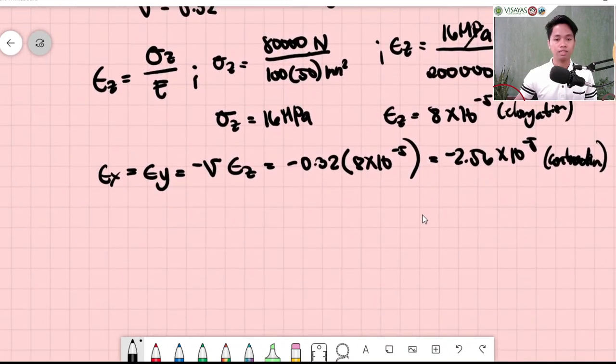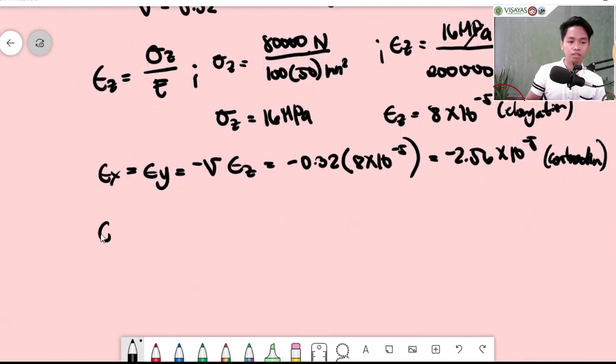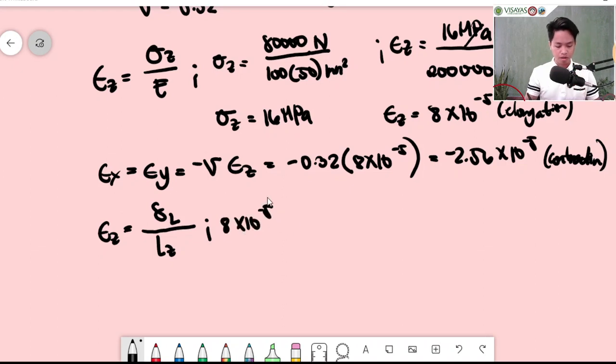Therefore, your EZ is equal to your deformation of the length, or the change in length, divided by the original length. Now, what is the original length of our EZ? So, LZ. That would be 8 times 10 to the negative 5. I will manipulate it directly.